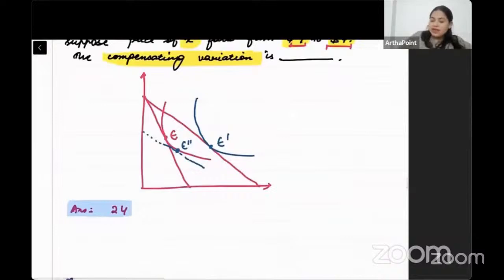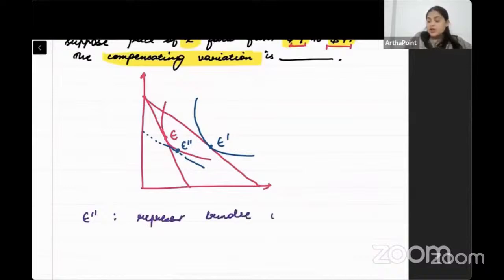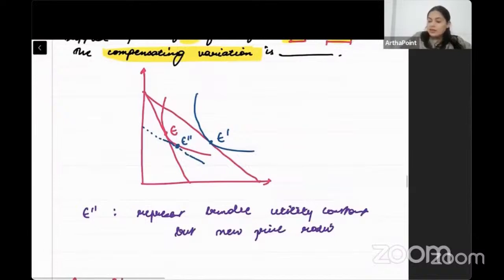So E double dash represents the bundle such that your utility is constant, but you are at the new price ratio. Okay, beta? And E represent क्या कर रहा था? That you are at the old price ratio.